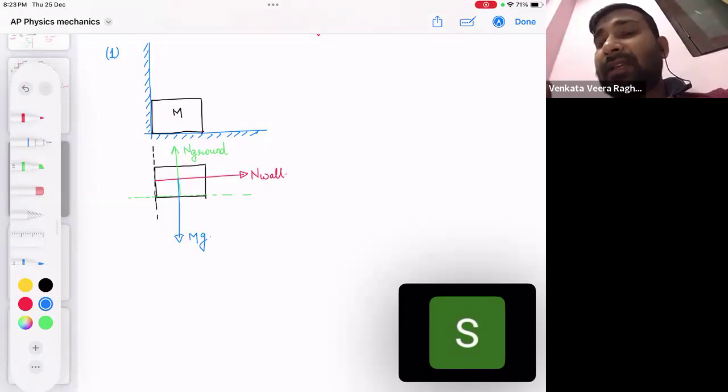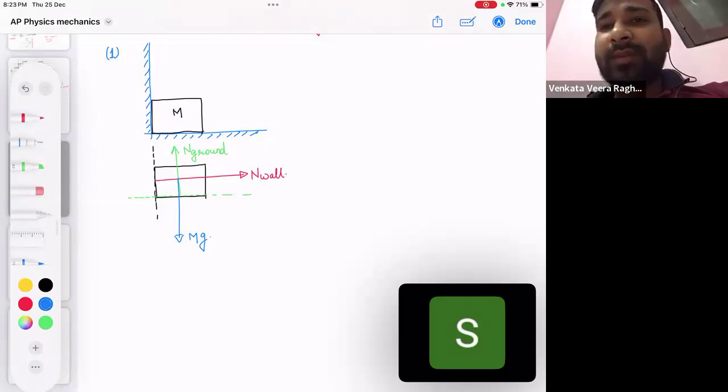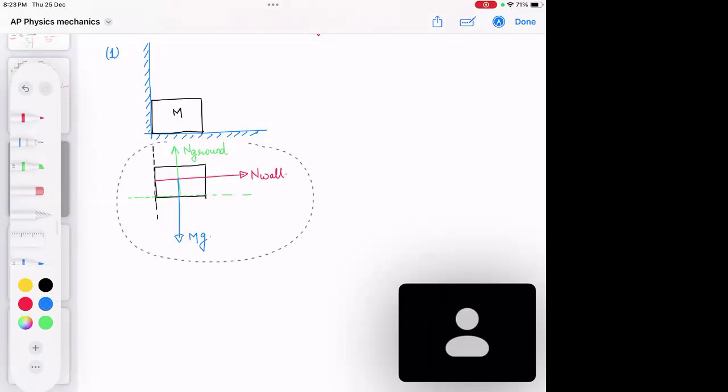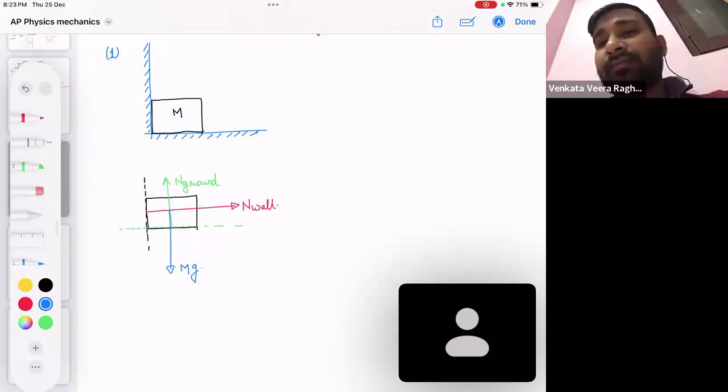So there are going to be three forces acting on this block. Can you tell me what this diagram is called? Yes, you have just now drawn the free body diagram of this block.